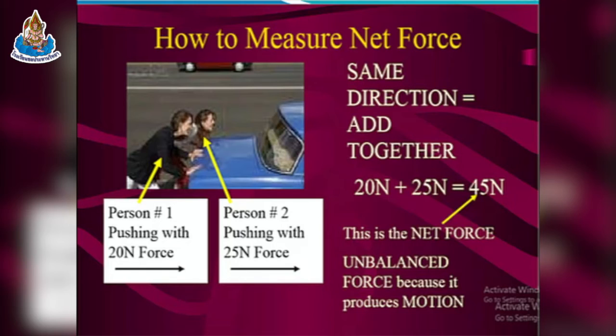Person number 1 is exerting 20 Newton, and person number 2 is using 25 Newton to push the car. So 20 Newton plus 25 Newton will give us exactly 45 Newton. That 45 Newton is now the net force.